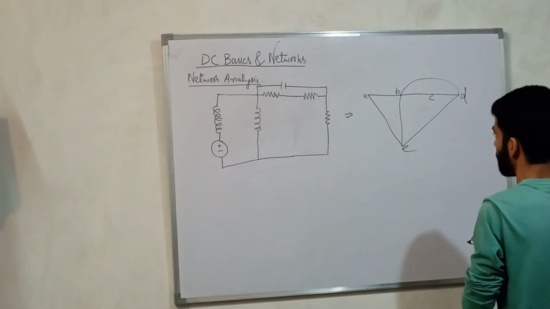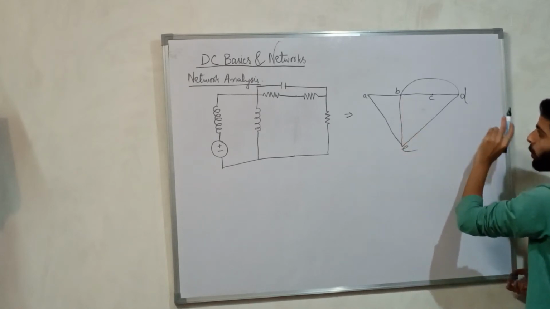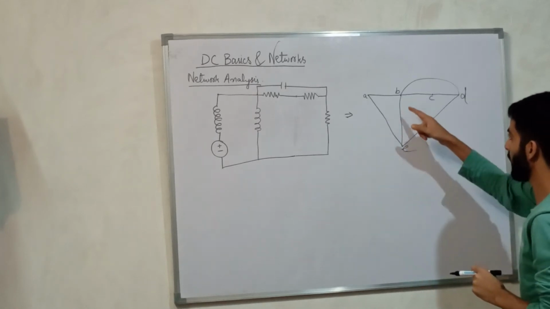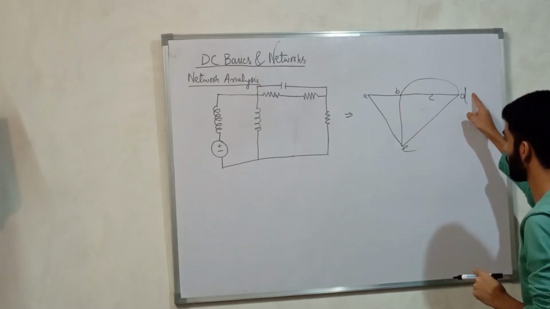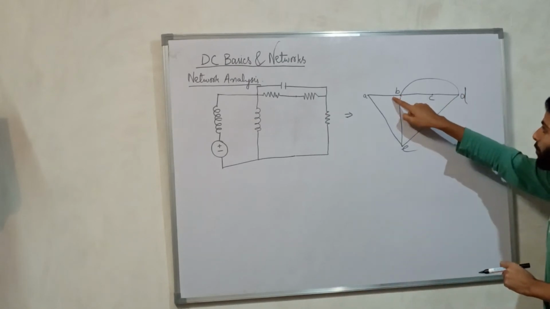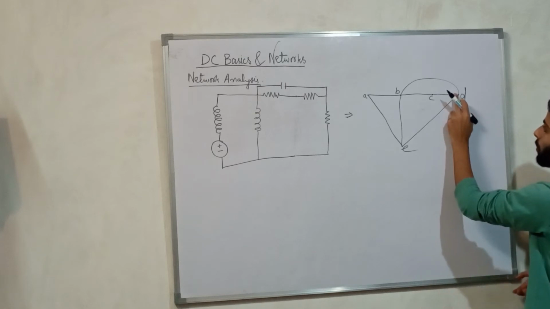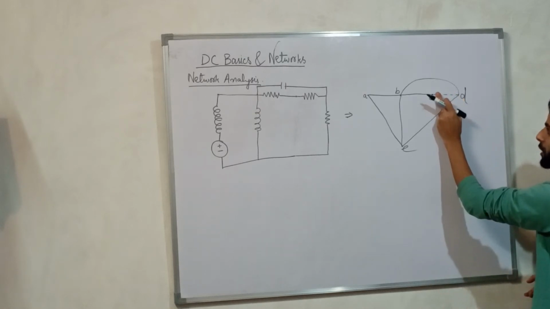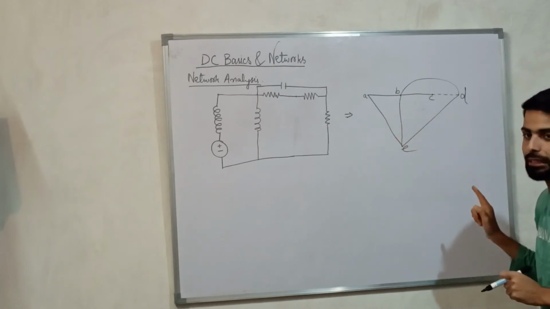So what we have to do here: if we see point B and point D, there is one connection that connects point B to E and there is another connection that connects point D to point E. So we cannot connect B, C to D. So we have to make this one into a dashed line so that there is no direct connection from B to D.